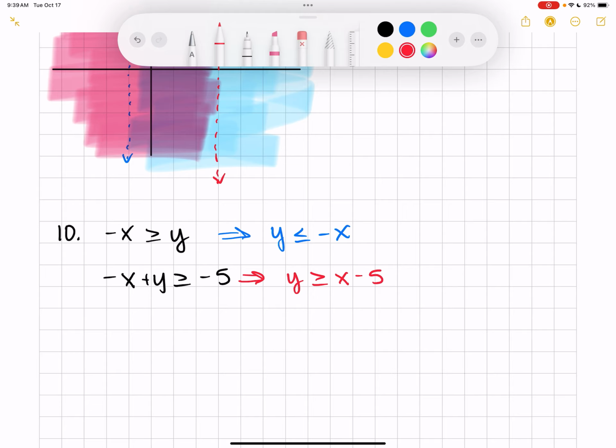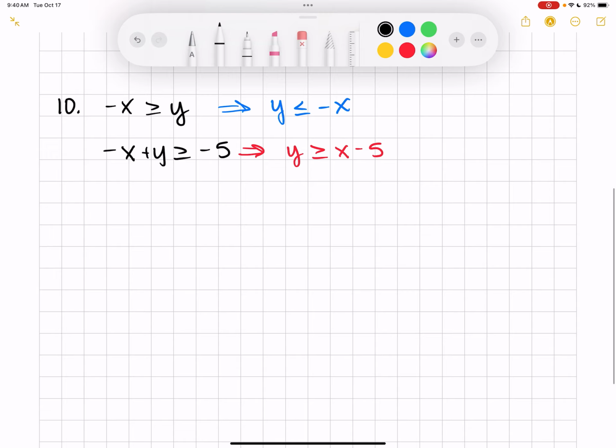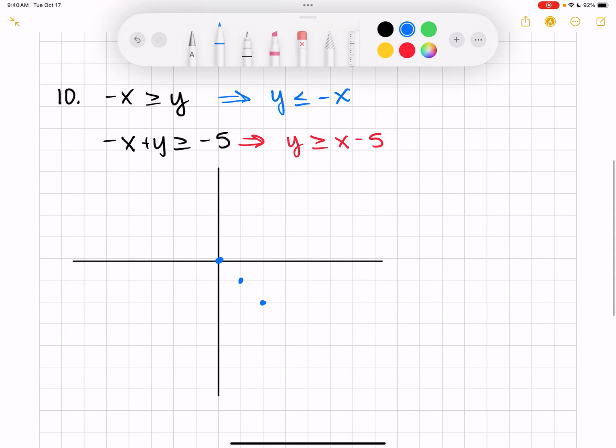And now I just graph those lines. The top one has an intercept of 0, a negative slope, and are these going to be solid or dotted lines? Solid, so good enough. And then am I shading above or below for this one? Yep. Y is less than, so below.